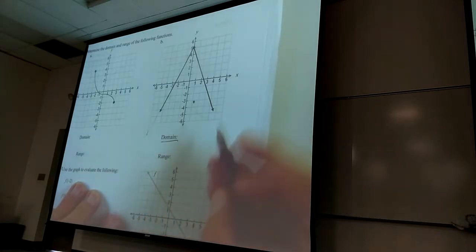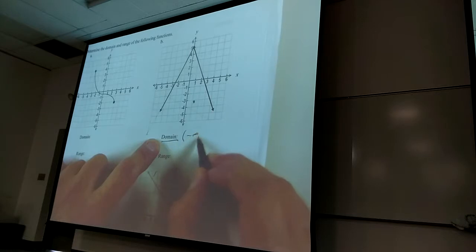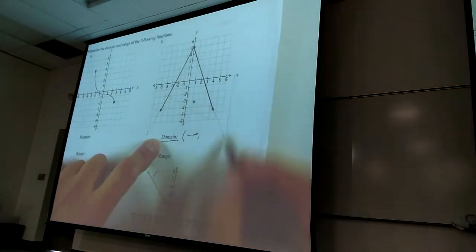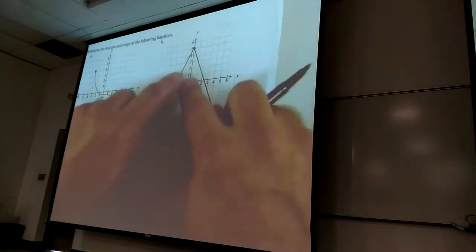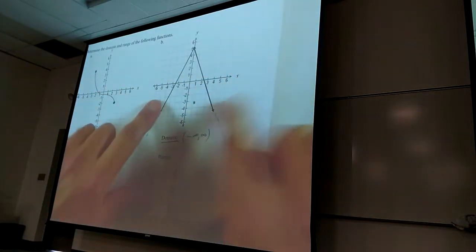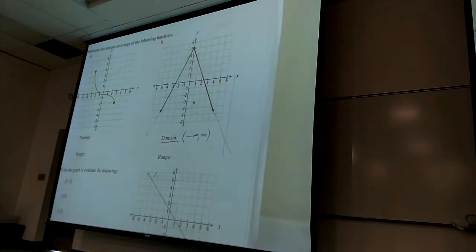No. So that would be from negative infinity to infinity. Every x value has an output, because if you let these keep going, every x value you can go down and find an output for it. Nothing's left out. What about the range?